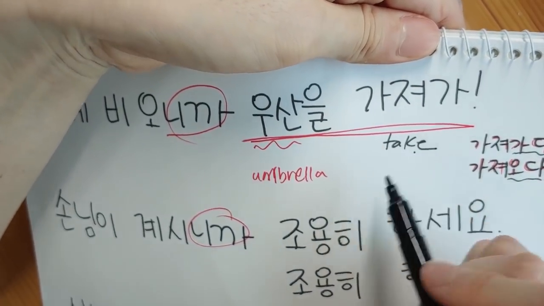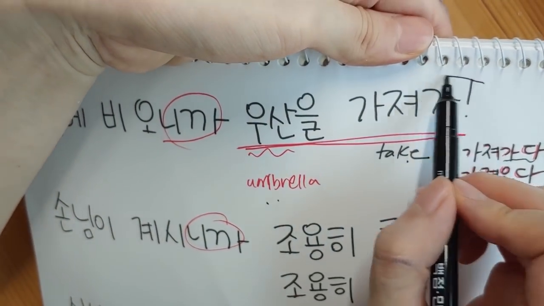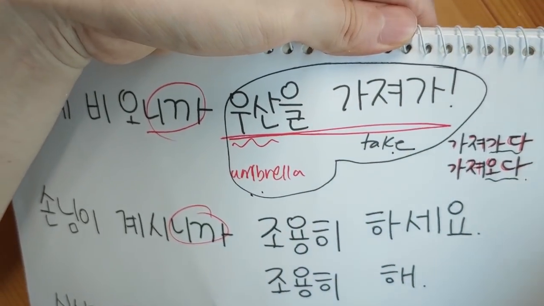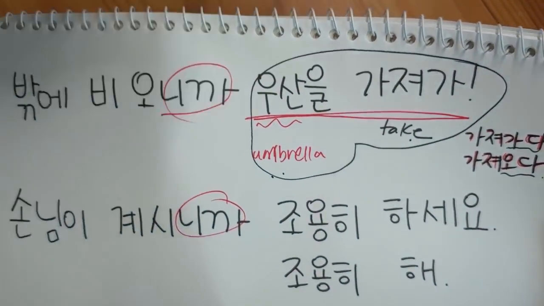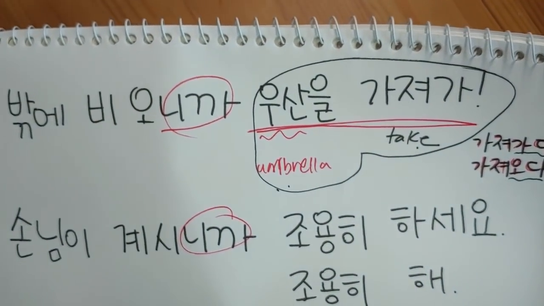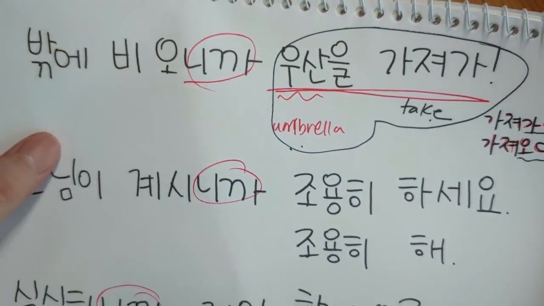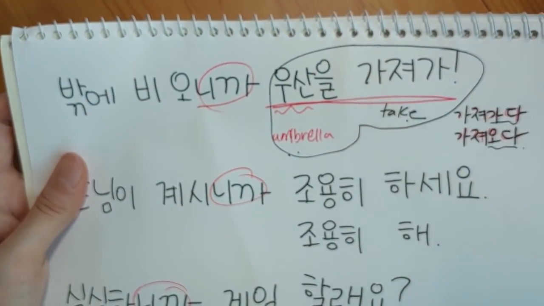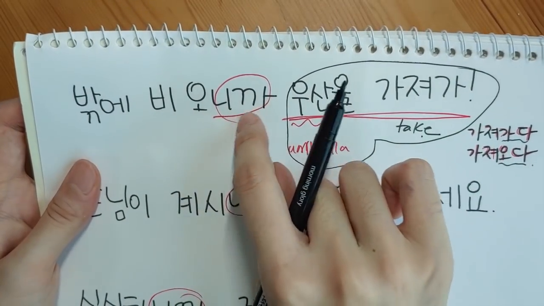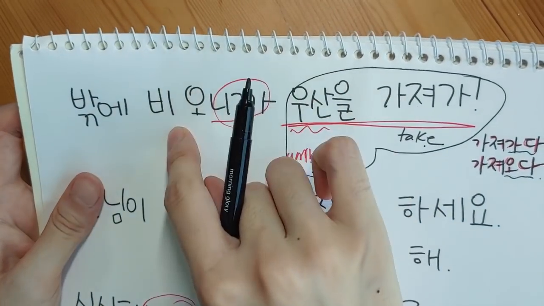So take an umbrella. This is obviously a sentence in imperative mood, right? It's making a command to the listener to take an umbrella. So in this case, you have to put 니까 for the reason.